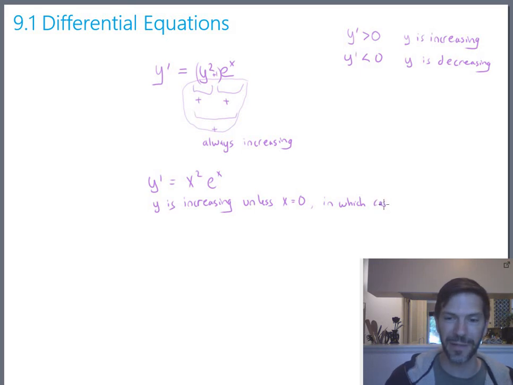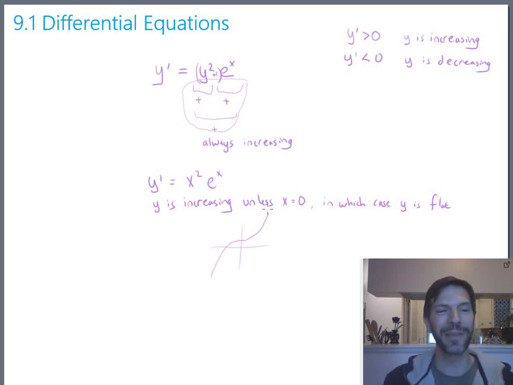But if x is 0, in which case y is flat, right? If you plug 0 in for x, you get 0 times 1, you get 0 for the derivative. So at that particular point, the function has a horizontal tangent line, and it's neither increasing nor decreasing at that particular point. Everywhere else it's increasing. I don't know exactly what it looks like, but it must increase, be flat at 0, and then increase again. So that's one possible picture.